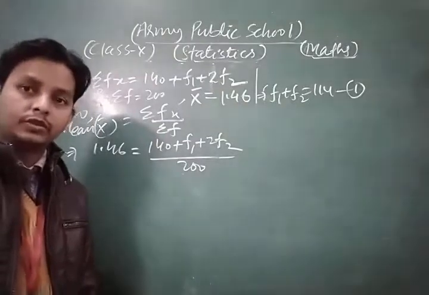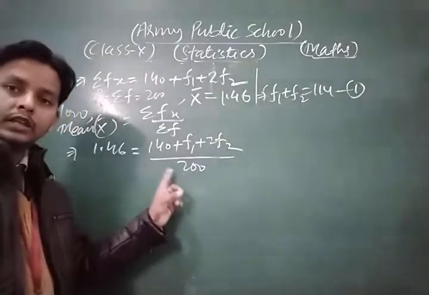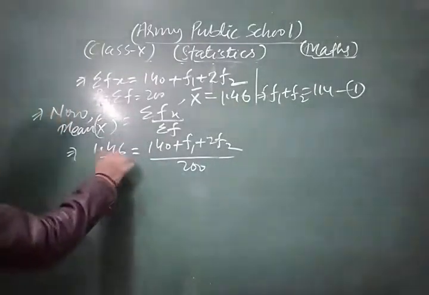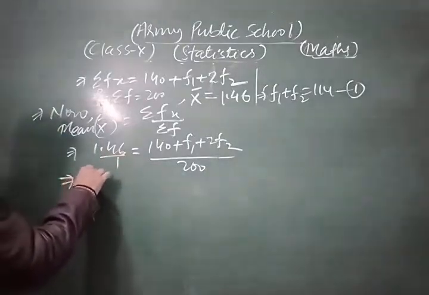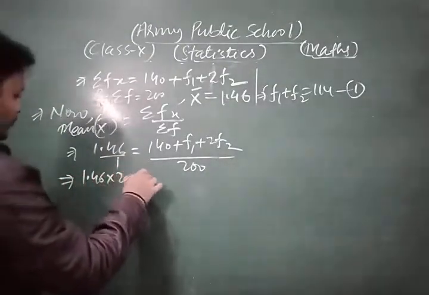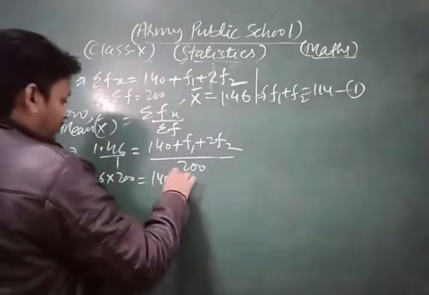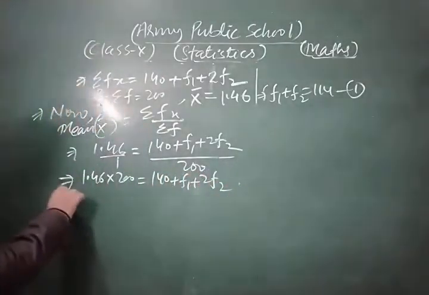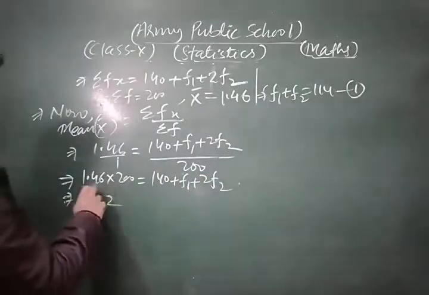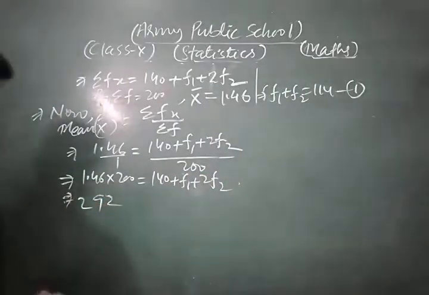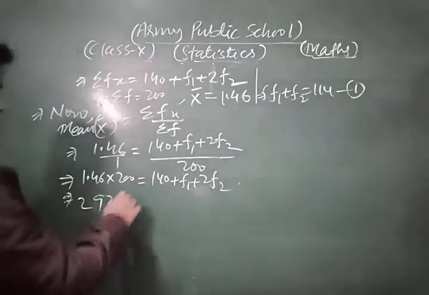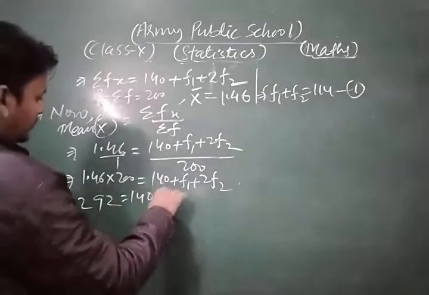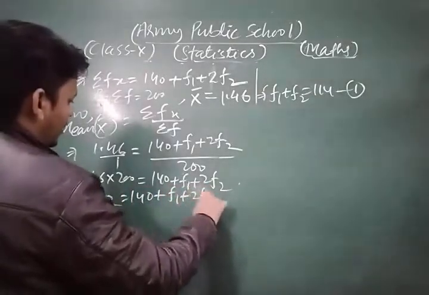Now we do cross multiplication. So 1.46 into 200 is equal to 140 plus f1 plus 2f2. That is 292, equal to 140 plus f1 plus 2f2.